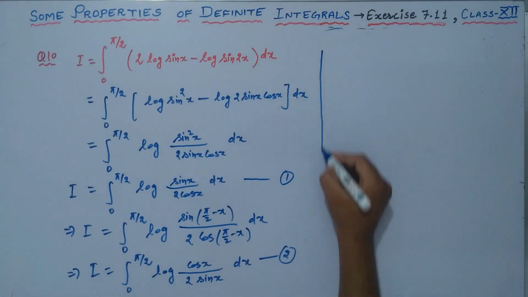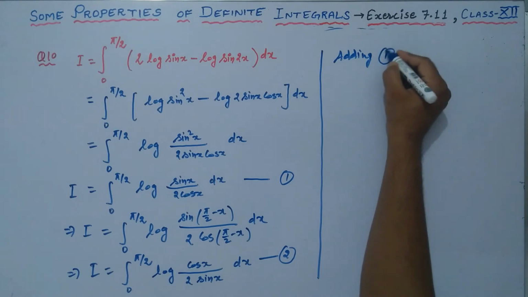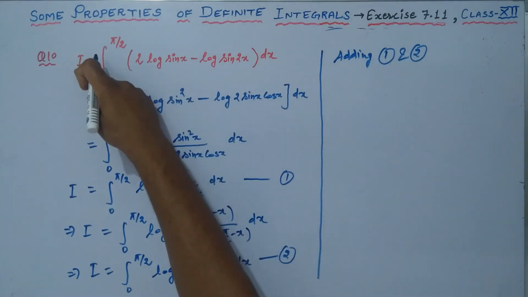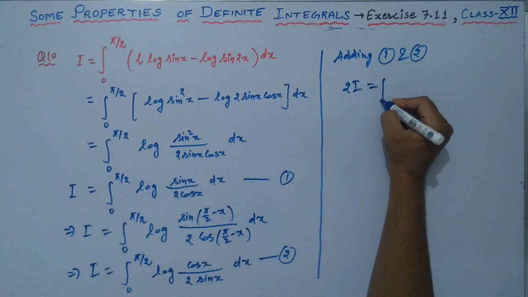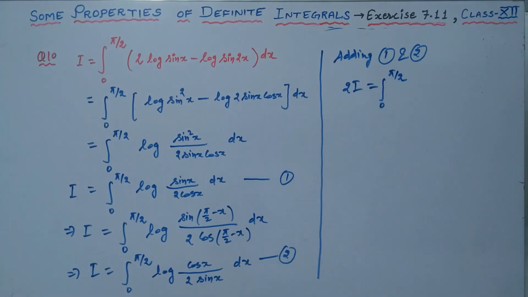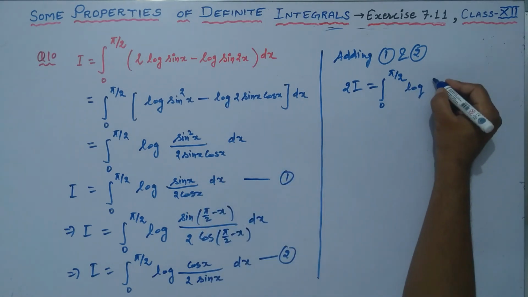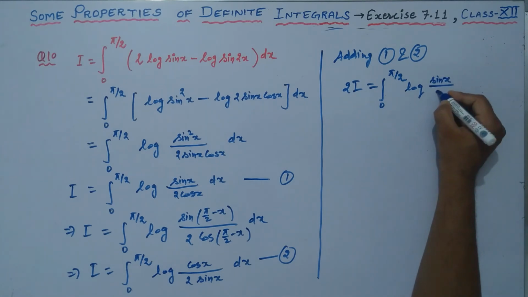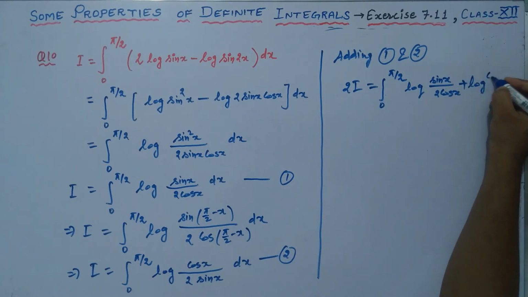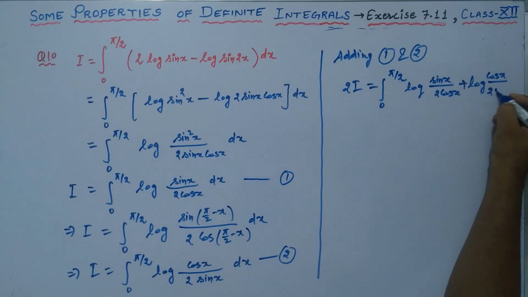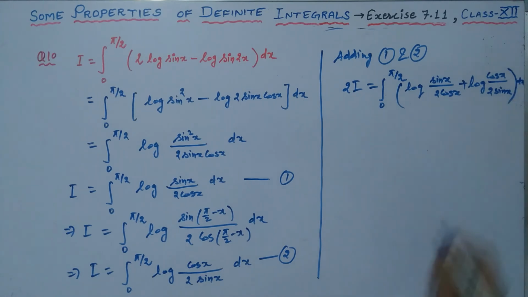Now adding these two equations, adding equation number 1 and equation number 2, we have I plus I, 2i is equal to, limit is same, 0 to pi by 2 of log m, that is log sin x upon 2 cos x, plus log n, log cos x upon 2 sin x, into dx.